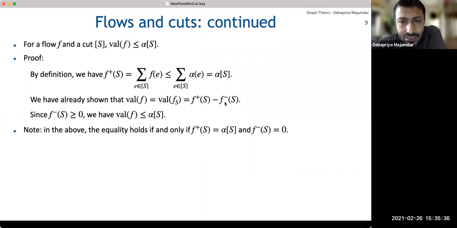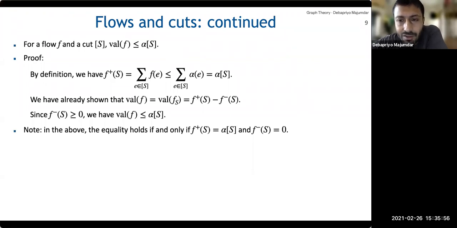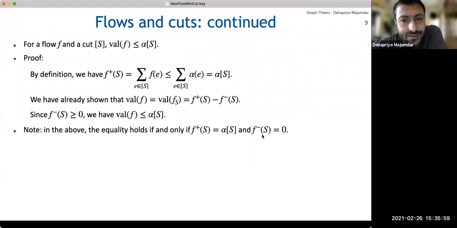So obviously, this equality holds if and only if f plus s is equal to the capacity and f minus s is actually 0. That means overall to that cut, nothing is coming in, and whatever is going out is the capacity of the cut. That means it's going out at full capacity to the other portion of the graph.